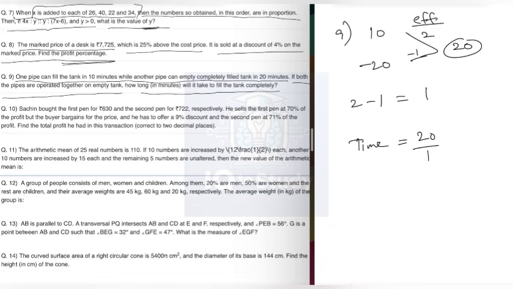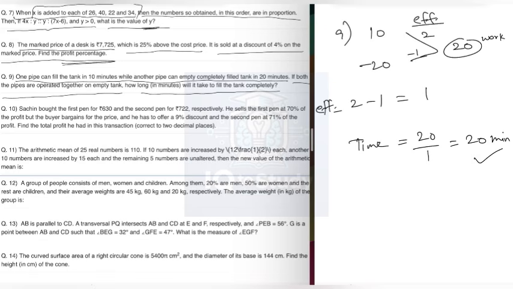Time is equal to 20 by 1, which is equal to 20. Time is equal to work by efficiency. Here total work is taken as 20 and efficiency is 1. So 20 by 1, which is equal to 20 minutes.